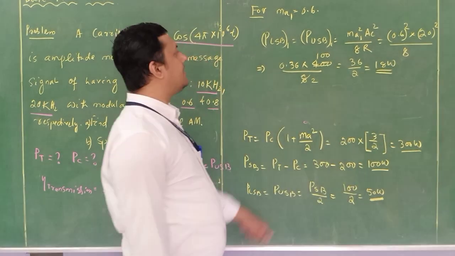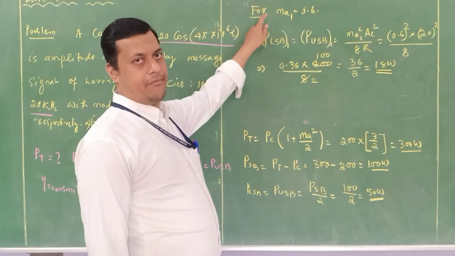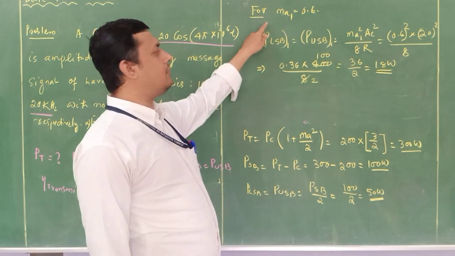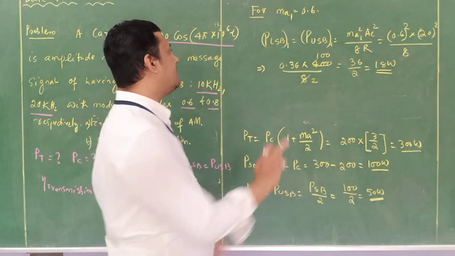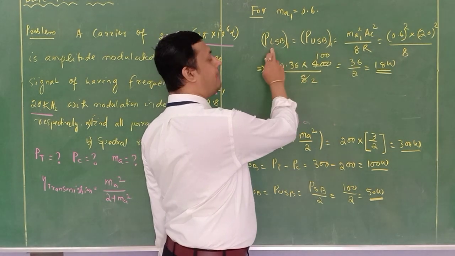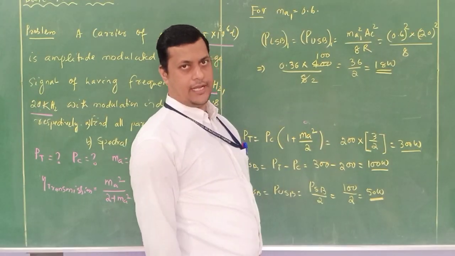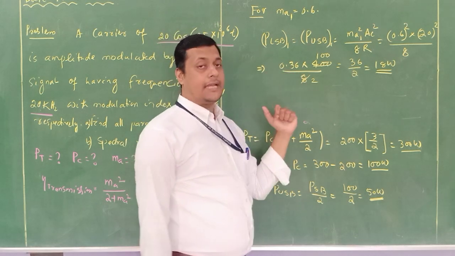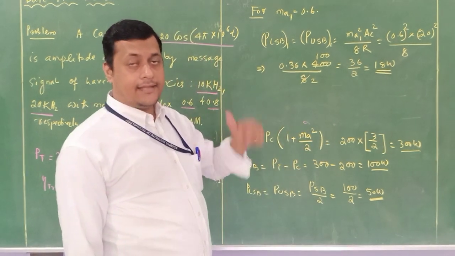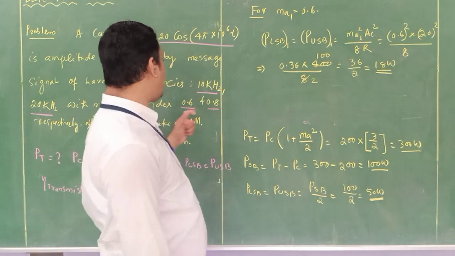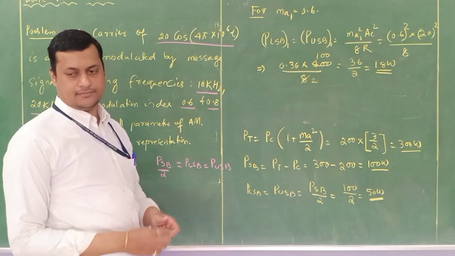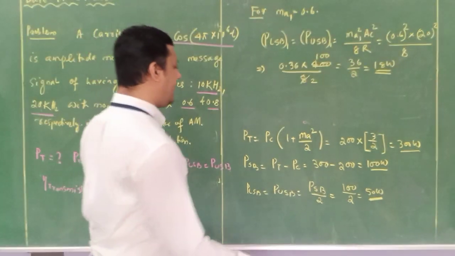So with respect to MA1, the first modulating signal, the upper sideband and the lower sideband power is 18. Now similarly we have to calculate for the other modulating frequency whose modulation index is 0.8.